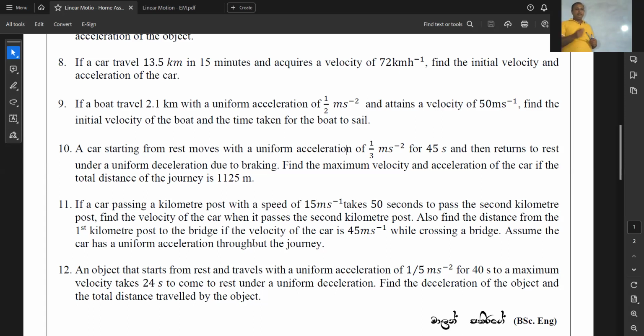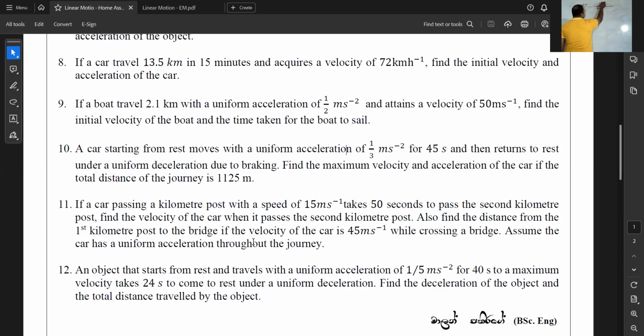Okay, question number 11. If a car passes a kilometer post with a speed of 15 m/s, suppose it is A, now it is passing that point with a speed of 15 m/s, takes 50 seconds to pass the second kilometer post. 50 seconds, T equals 50.